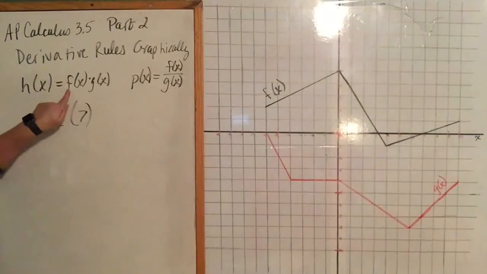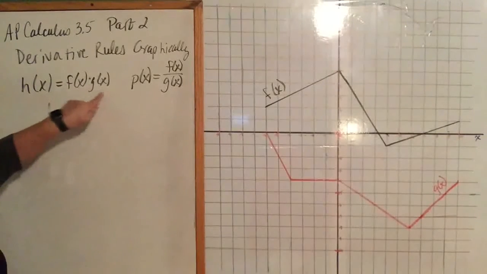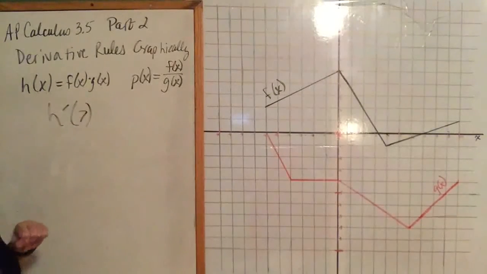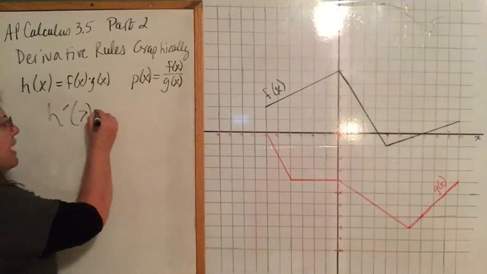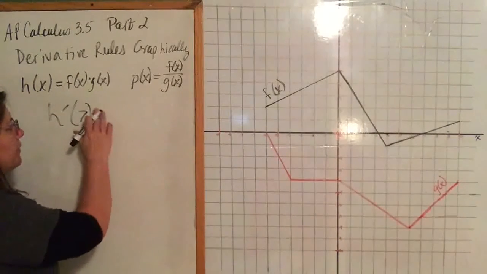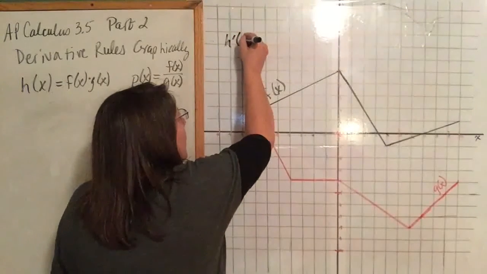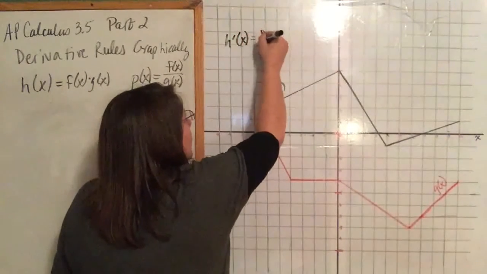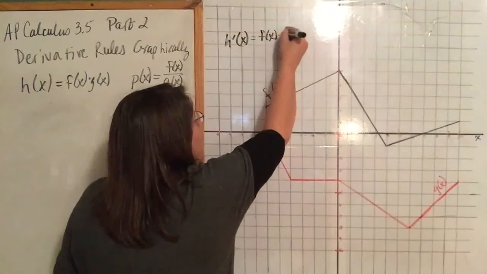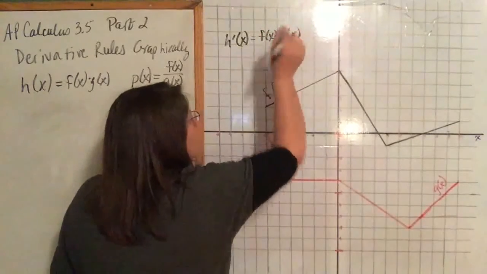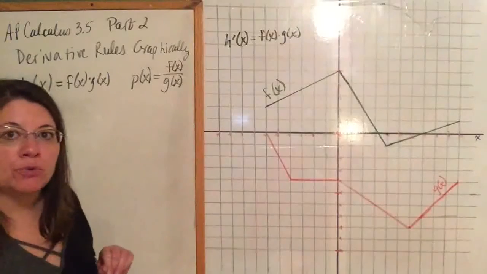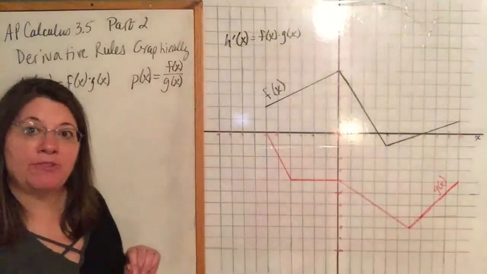Well, h of x is f of x times g of x, so we know we're going to use the product rule with that.